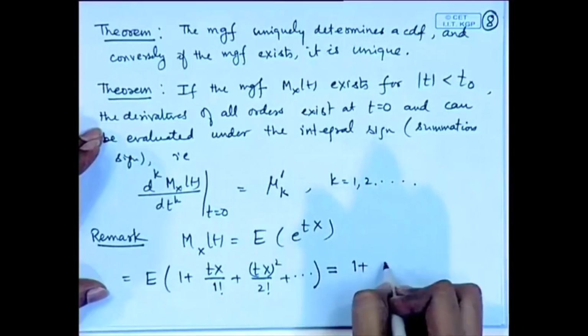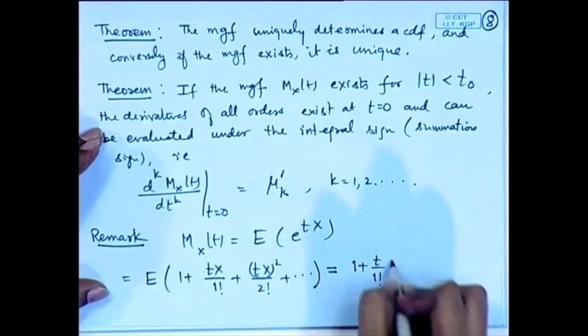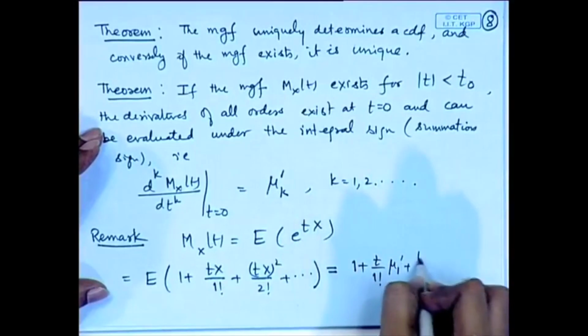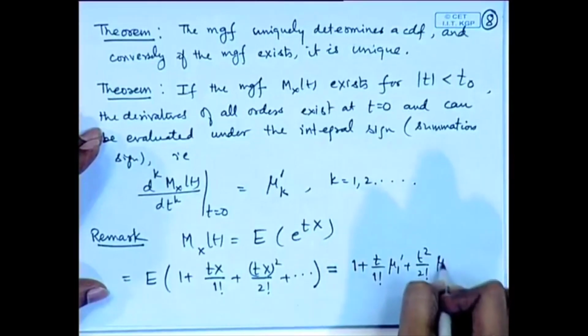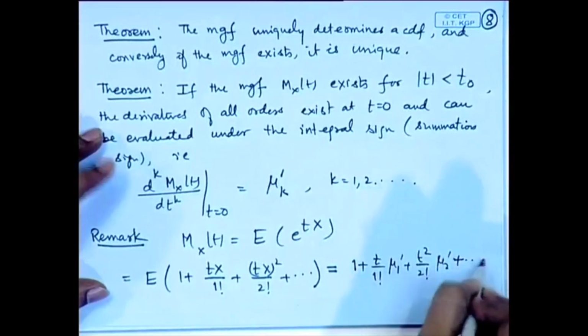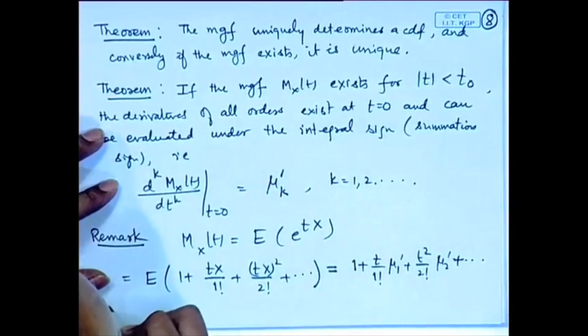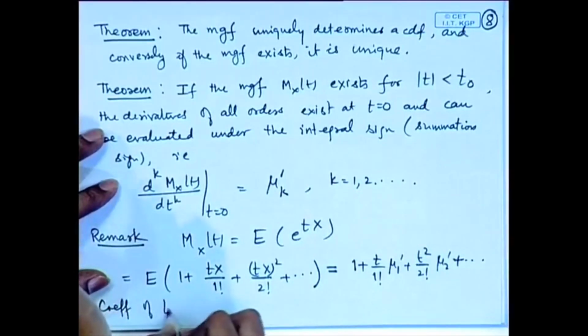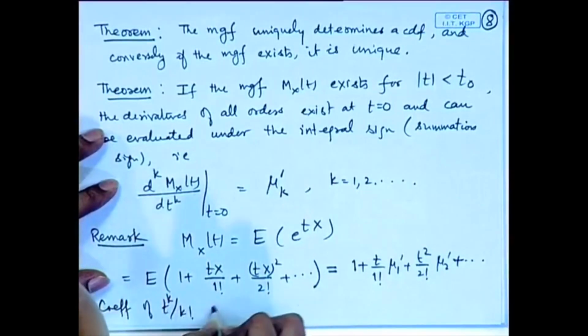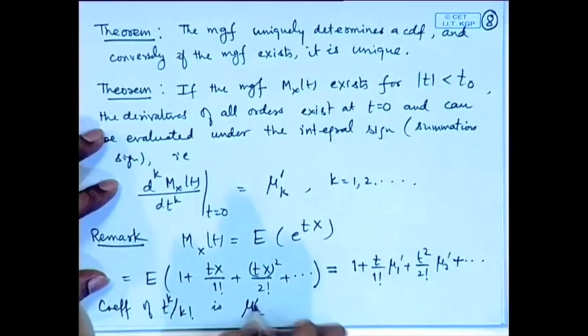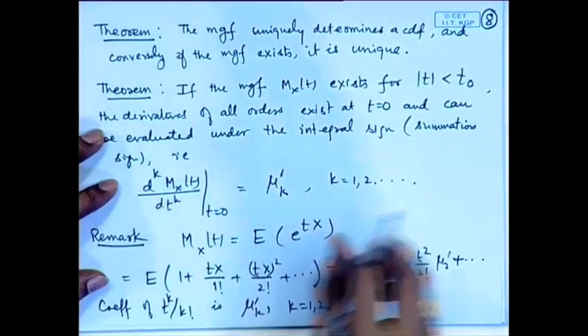This is equal to 1 plus t by 1 factorial mu 1 prime plus t square by 2 factorial mu 2 prime, etcetera. That means the coefficient of t to the power k by k factorial is the kth order non central moment for k equal to 1, 2 and so on.